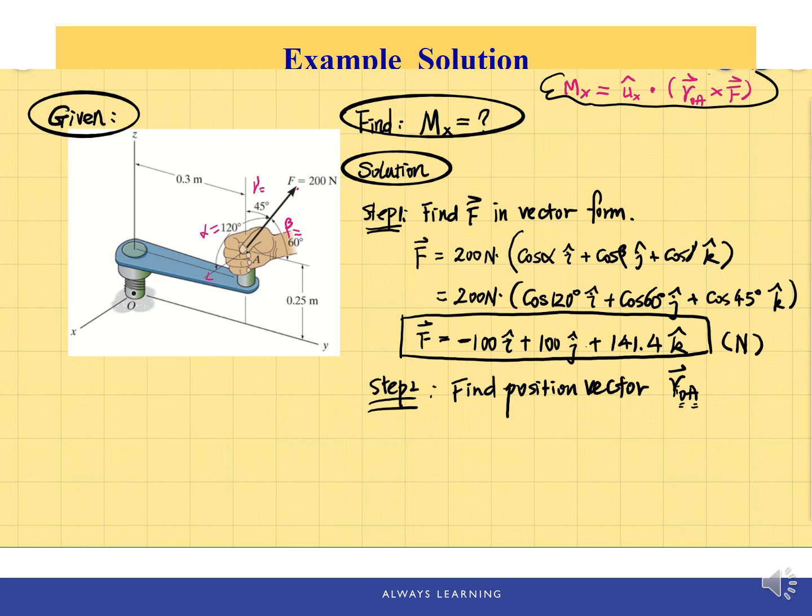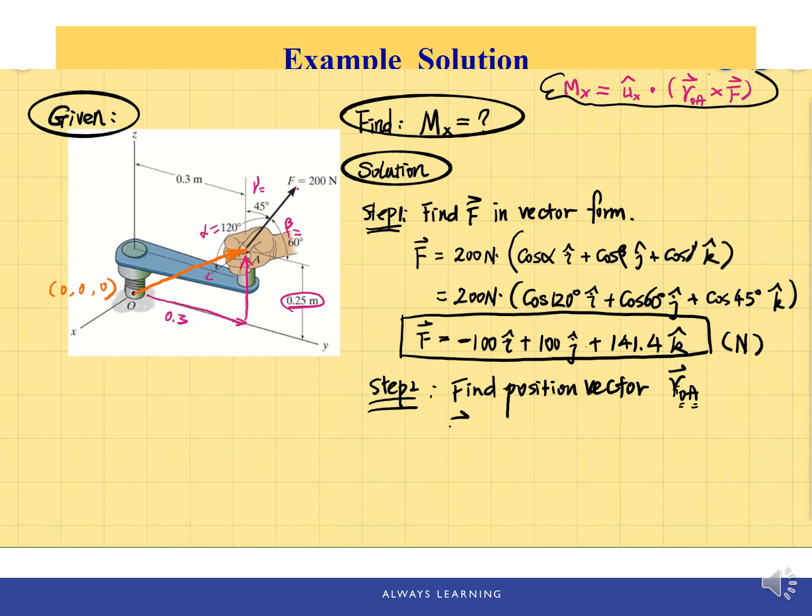Actually, it will just be the coordinates of point A, since O has coordinates 0, 0, 0, and A has 0 in the x direction, 0.3 in the y direction, and 0.25 in the z direction.